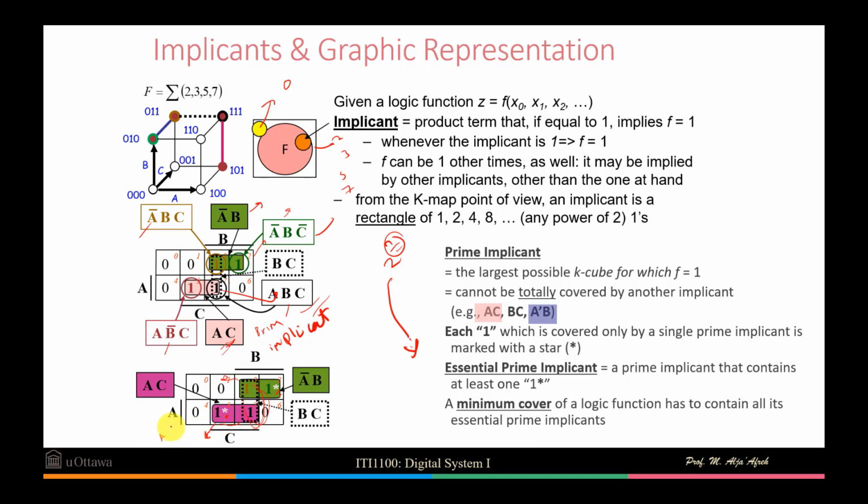That will give me AC, and this one will give me A prime, B, and all the ones are covered, so I don't need this one. However, I can write it and I will call it a redundant implicant, okay? And it's not even a prime, like that one is a redundant implicant and is not a prime implicant, okay?